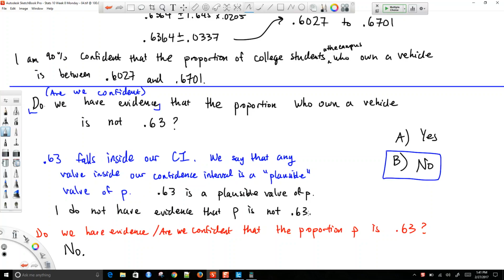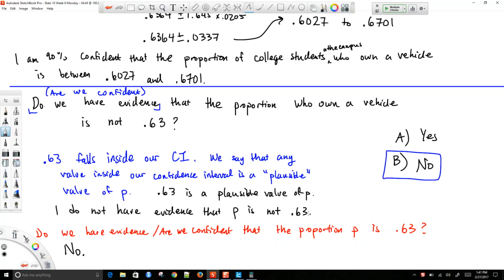We have a question. When they say are we confident, does that mean are we 100% confident, like we're certain? Well, certainly we're never certain, but we can't even say I'm 90% confident that P is 0.63. P falls inside my interval, but I am 0% confident that P is 0.63. Because when I say, do we have evidence that the proportion P is 0.63, I'm effectively saying, is the proportion P exactly 0.63?